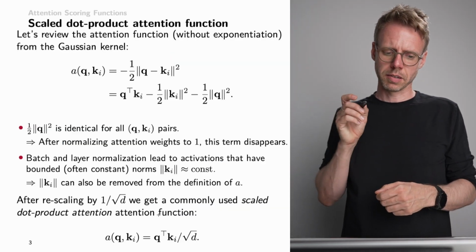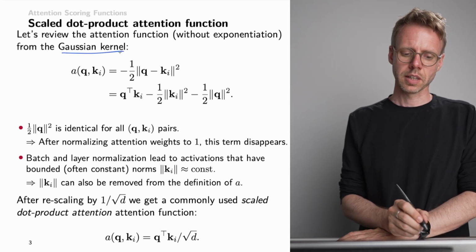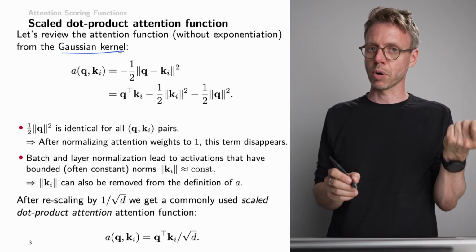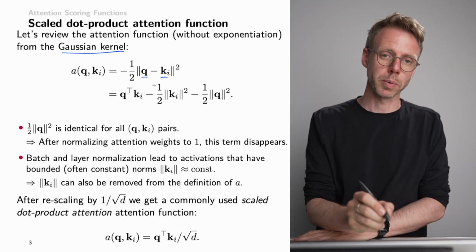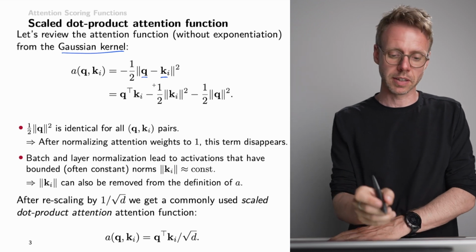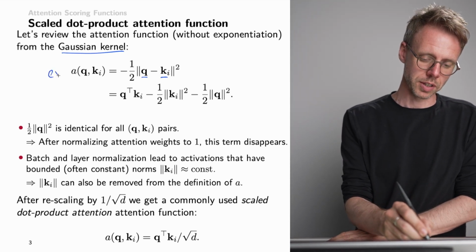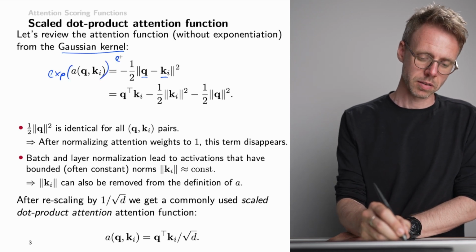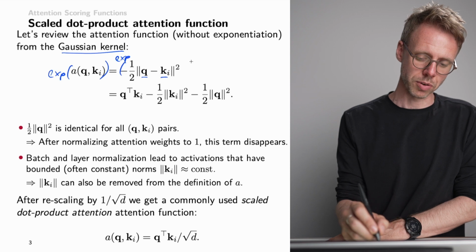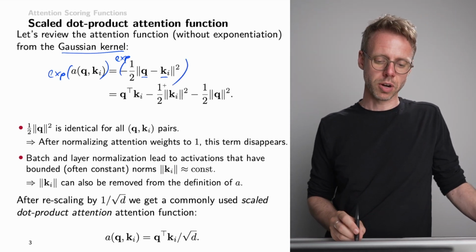So remember that the Gaussian kernel is the exponent of minus 1/2 times the squared norm of the difference between the query and the key. Usually you would also have this exponent of a, but that we ignore right now. Let's just look at this squared norm.